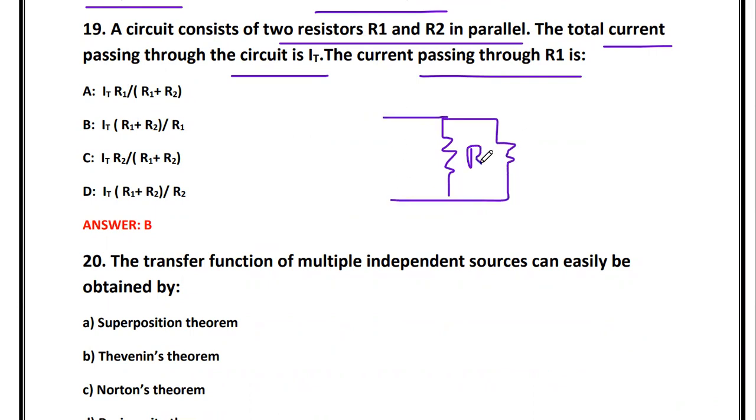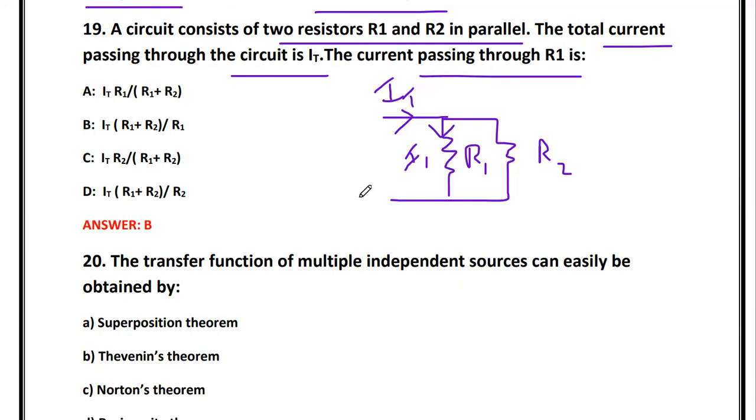The total current IT flows through these two, and the question is the current passing through the resistor R1. In a parallel network the current is divided. Some of the current flows through the first resistor, and the remaining current flows through the resistor R2.